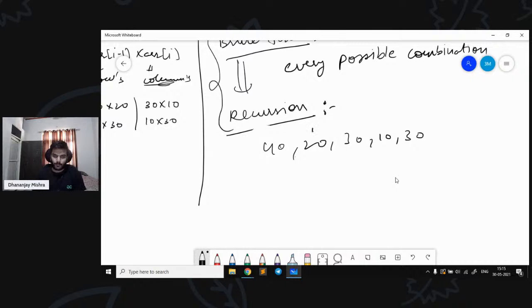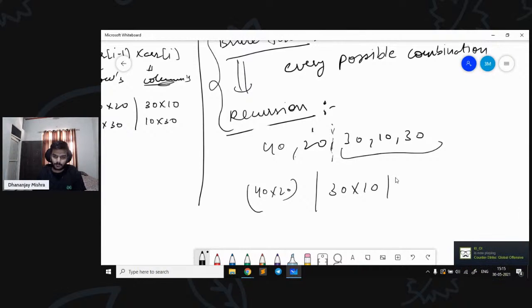Now if I do a partition here, what matrices will I get? The first matrix will be 40 into 20. The other matrices I will be getting will be 20 into 30, 30 into 10 and 10 into 30, right? So after I divide my array into left and right subarrays, I will get this matrix and this matrix. So I can solve this as a subproblem and this again as a subproblem, right?